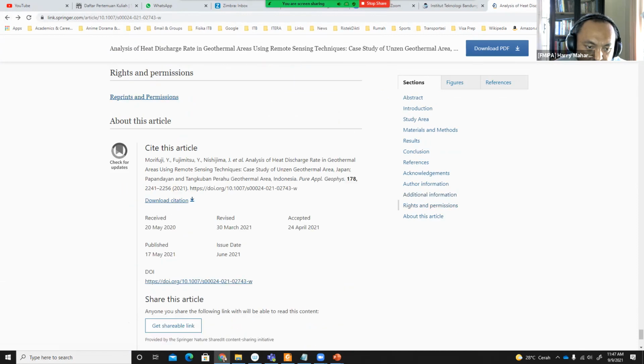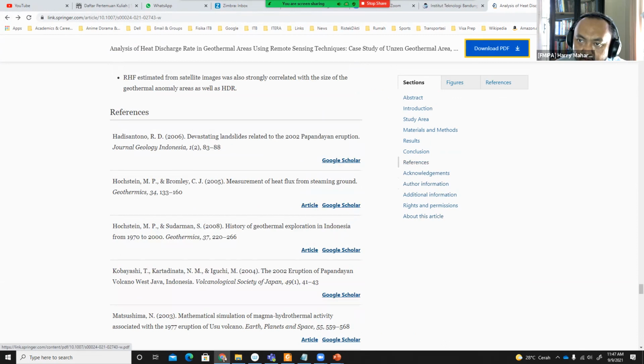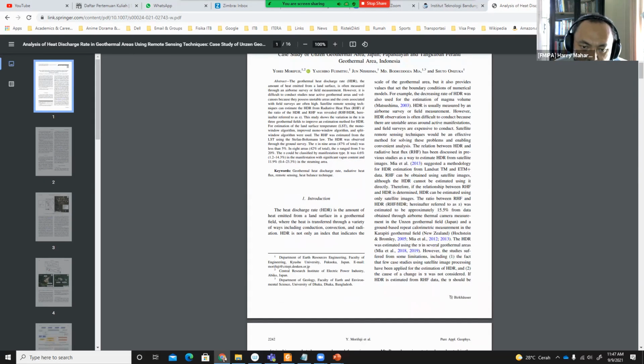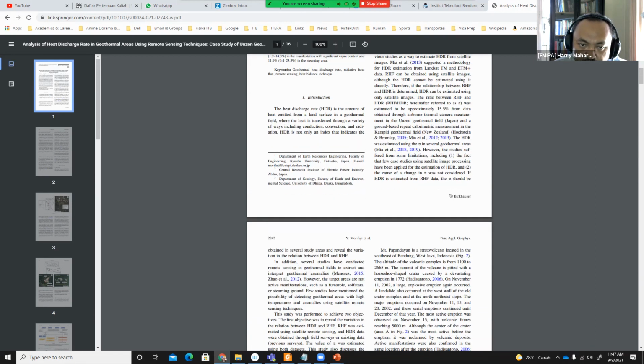Or if I download the PDF, what will happen? Okay. So the affiliation of the author is from Kyushu University, Fukuoka, Japan, and the rest of the authors are also coming from Kyushu University, Central Research Institute of Electric Power Industry, and also from the Department of Geology from University of Dhaka.